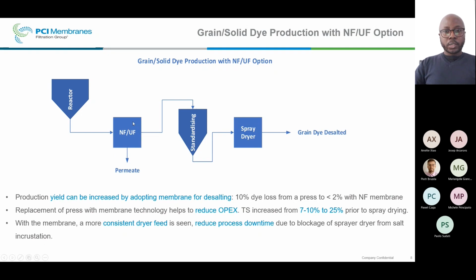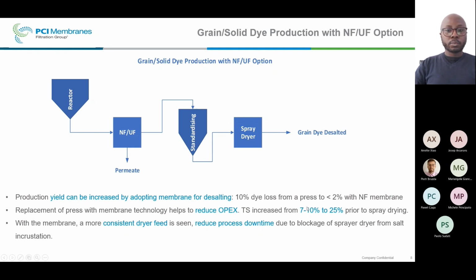So one of the advantages that we need to look at by implementing nanofiltration in this case is that it is possible, first and foremost, to increase the concentration of the dye product. So in most cases, the dye will be supplied at a lower concentration at the start, possibly talking about maybe 5 to 7%.